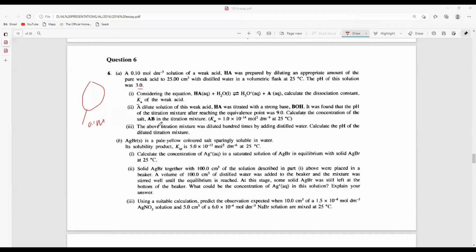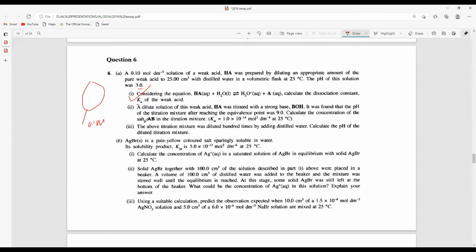So we have done this one. A dilute solution of this weak acid was titrated with strong base BOH, and it was found that the pH of the titration mixture after reaching the equivalence point was 9. Calculate the concentration of salt. So basically, when you have this reaction, HA reacting with BOH, like sodium hydroxide, what is going to happen? The salt BA and water is formed.